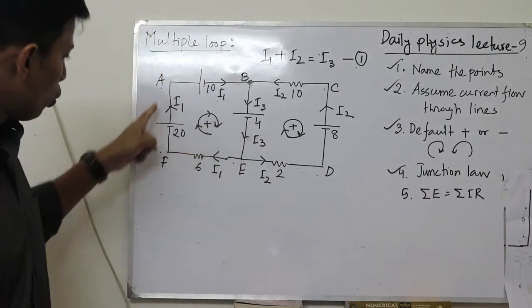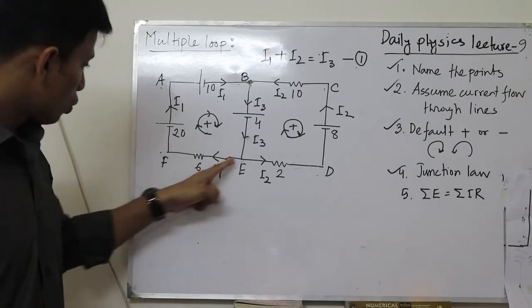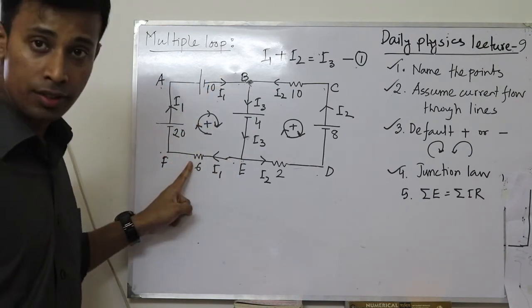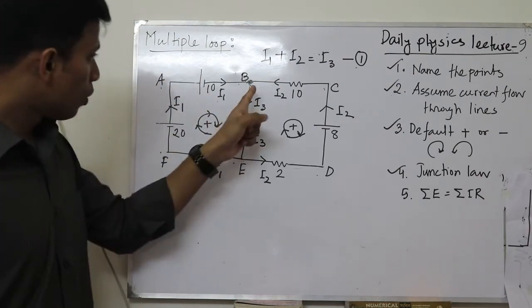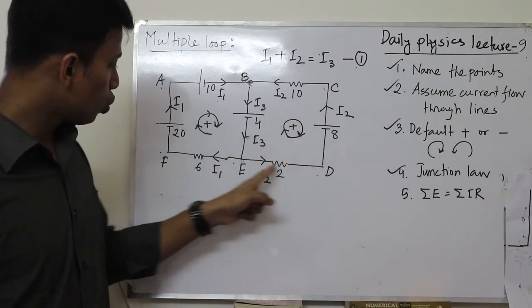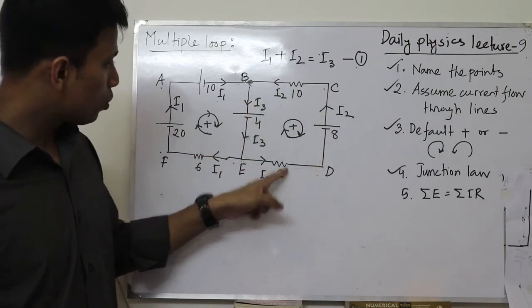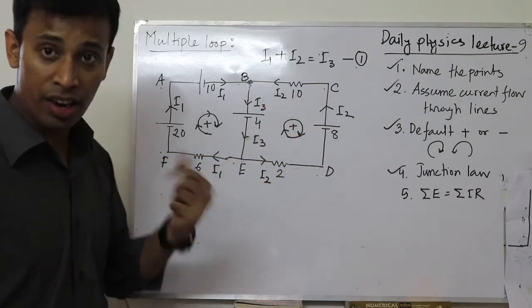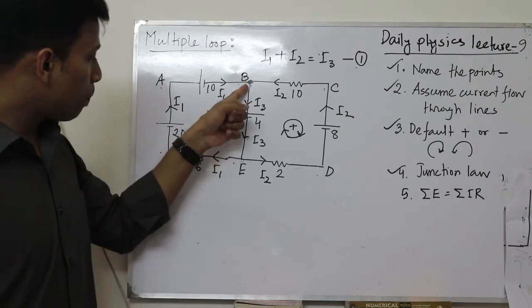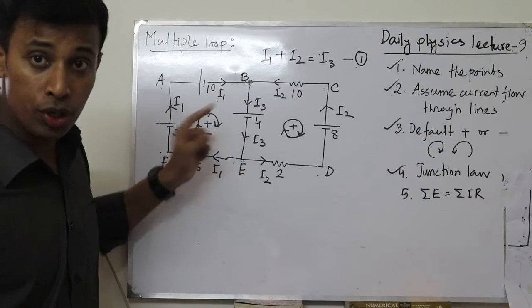From B to E, we have a 6 over here. So through this line we have 1 resistance. So this line contains resistance. From B to E, that is B, C, D, E, here we have 2 resistances, one is 2 and another one is 10. So this line contains resistance. And from B to E, here we have a cell, but we don't have resistance.